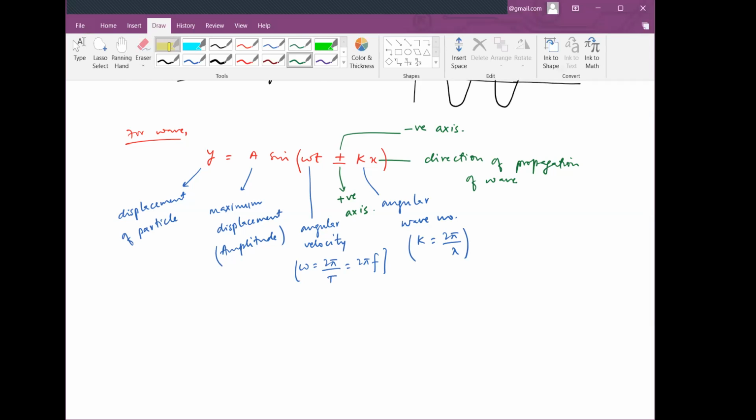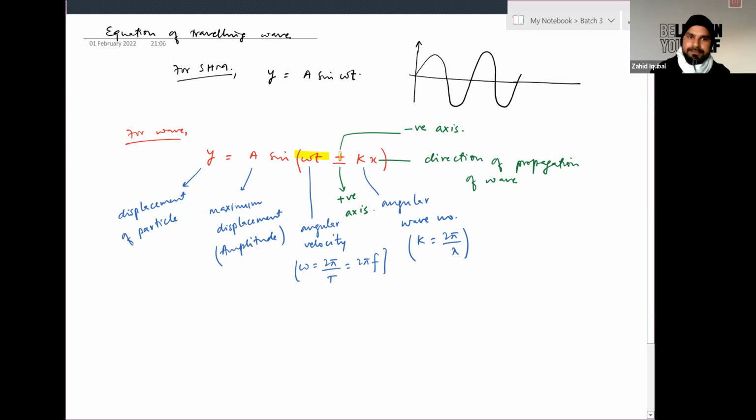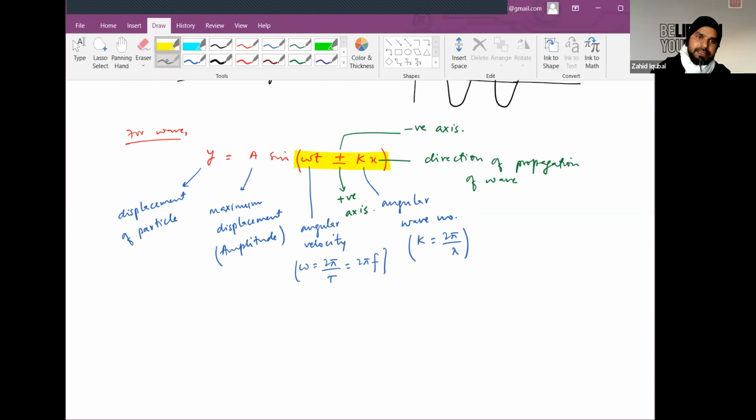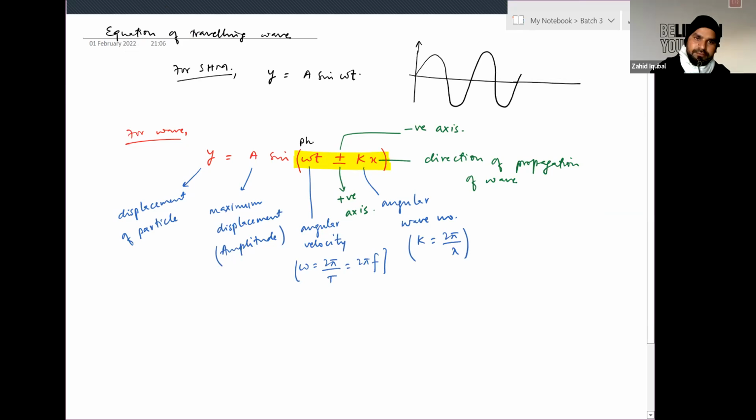Yes, sir. Now this entire term, that is the angle of the sine, is called phase. So we may write it as phase of this entire term. Just write it down.